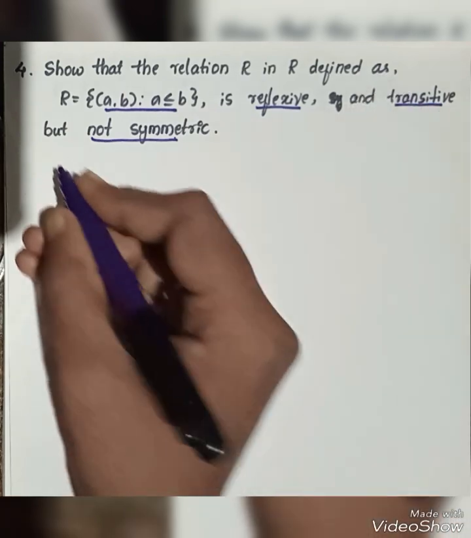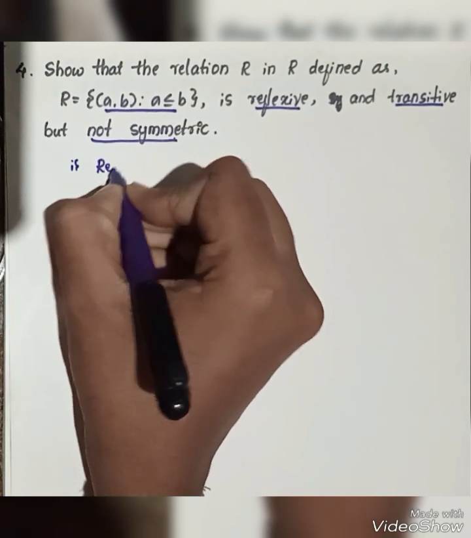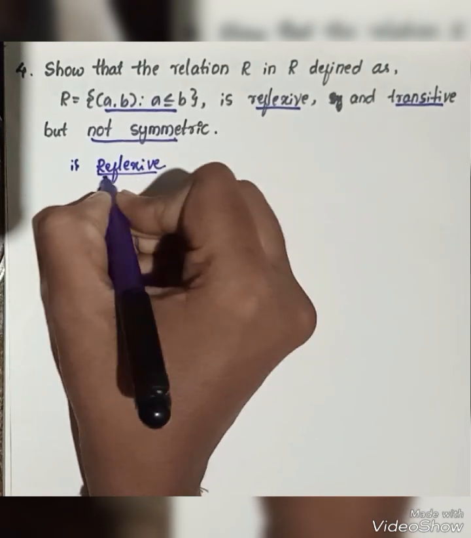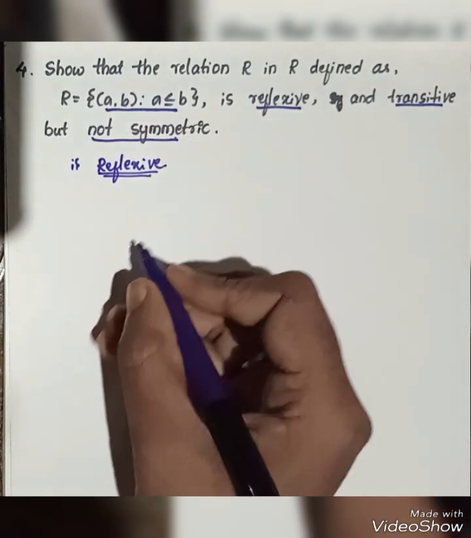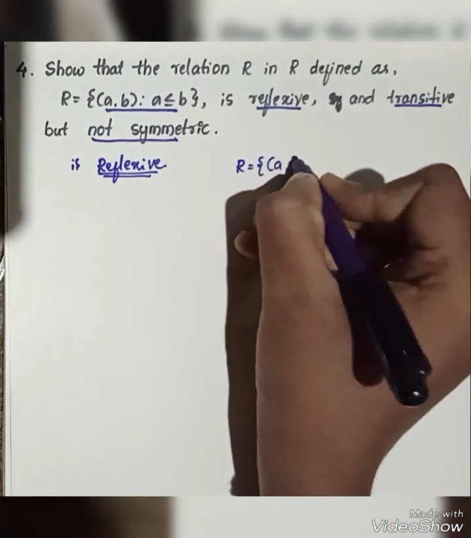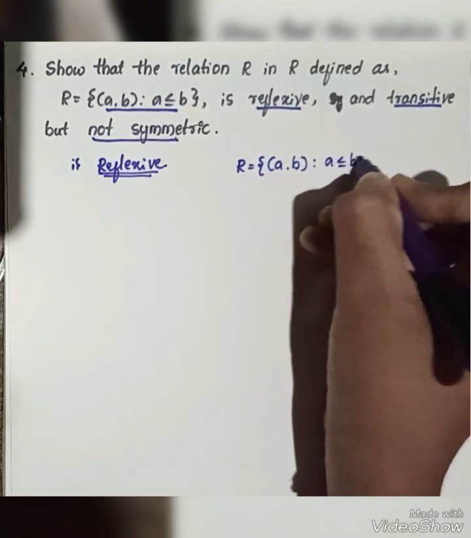Now checking the reflexive condition. For the reflexive condition, the relation is R = {(a, b) such that a is less than or equal to b}.